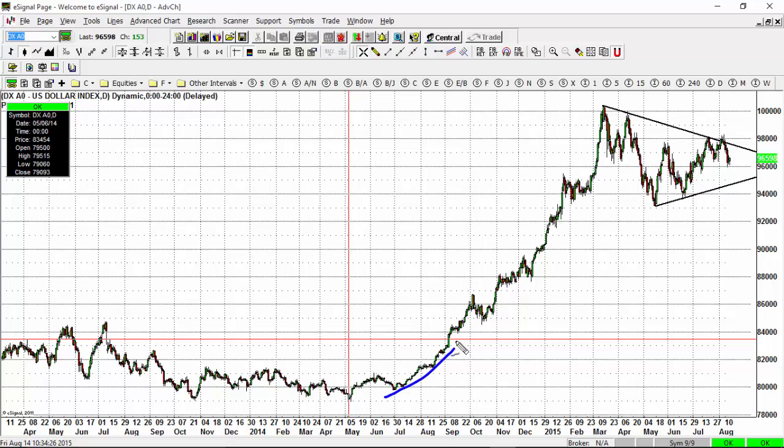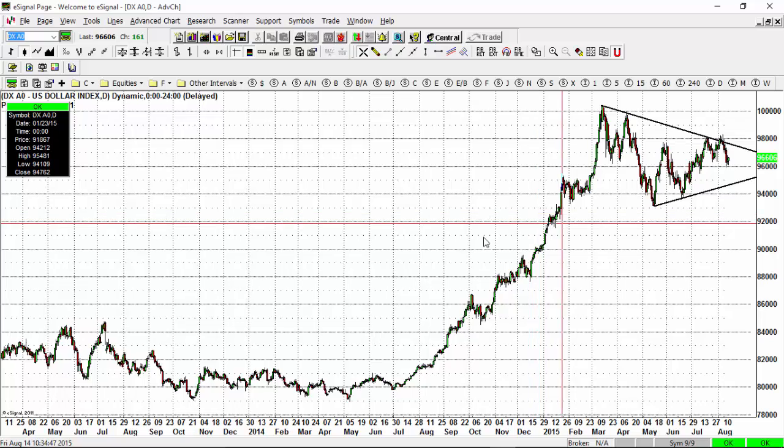We're looking to exploit large trends in the market. But this is the chart of the US dollar index. We had a situation where we had large trends, and now we have a situation of consolidation. So the market is not really doing much.